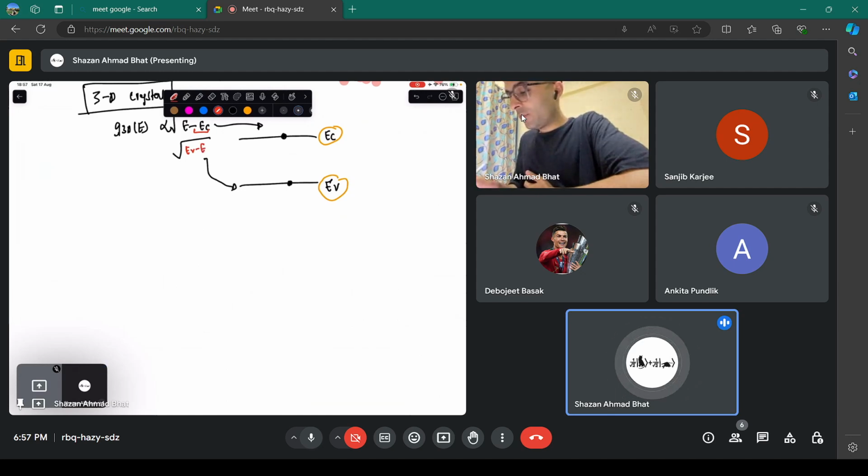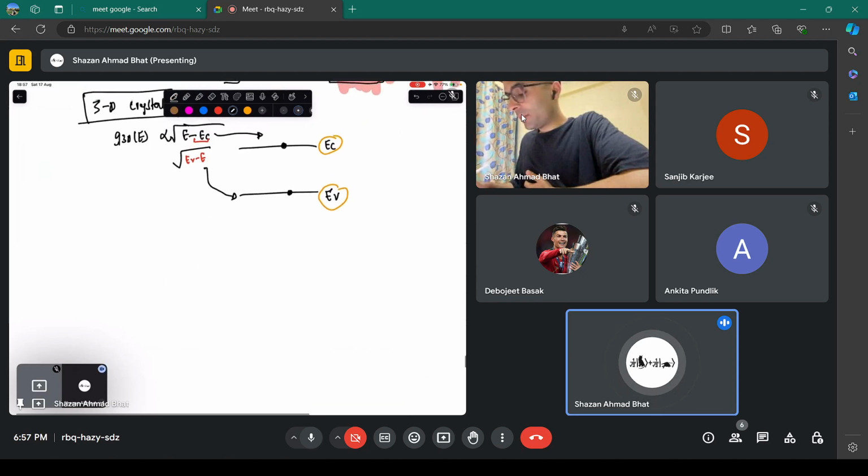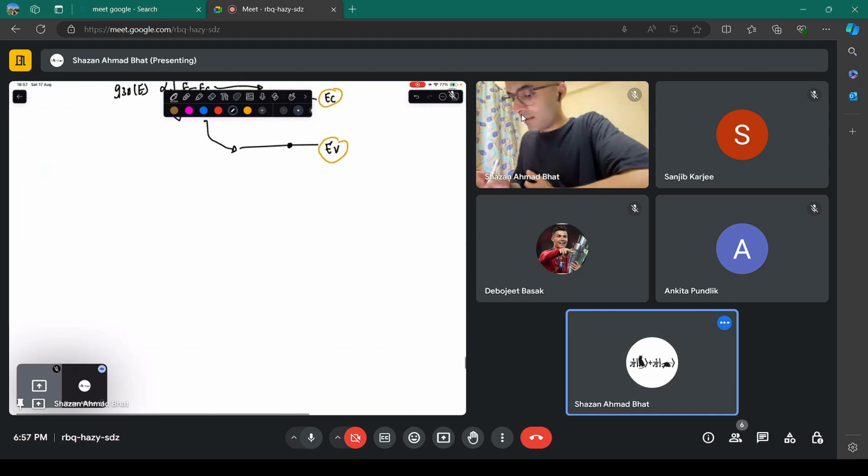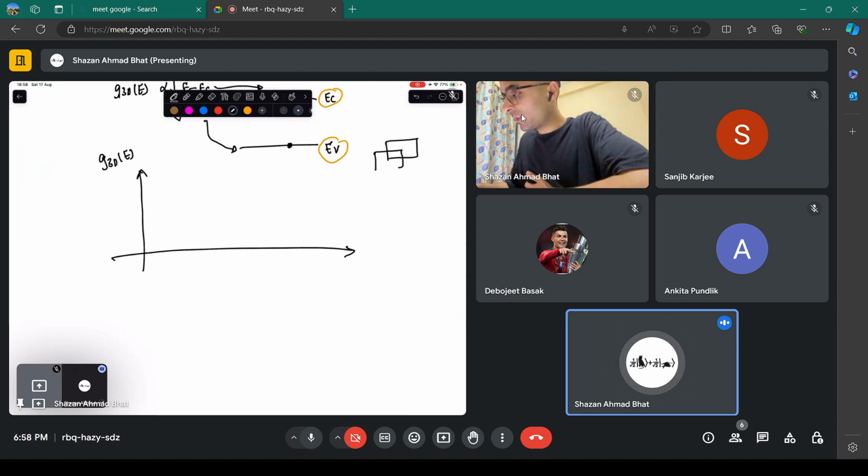Now the important concept is density of states. We're only talking about 3D right now because we're talking about a three-dimensional crystal, let's say silicon, a diamond-shaped type of crystal with atoms like this.